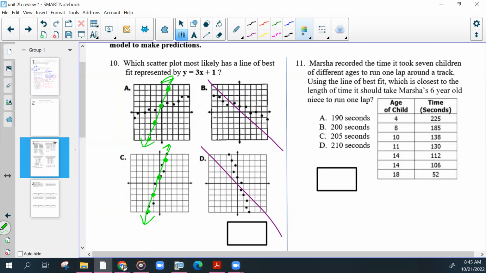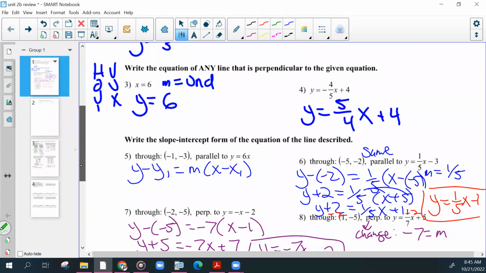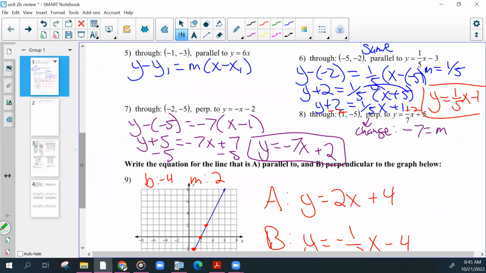C. So that would be your answer. Other questions on this page?